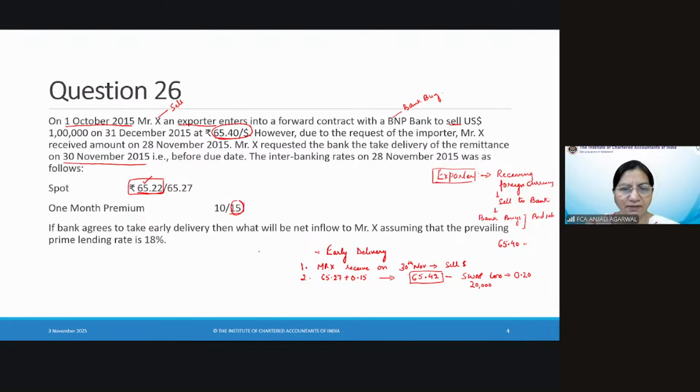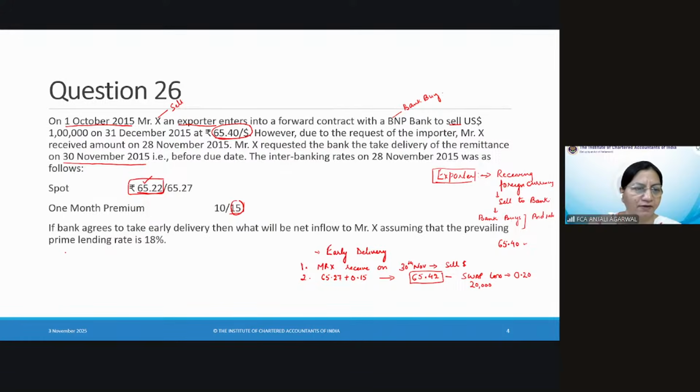There is another thing which is happening here. Because of the early delivery, there is some outflow of funds from the bank's perspective. Like it will pay Mr. X 65.40, but it will be able to sell the dollars in the market at 65.22. Okay.